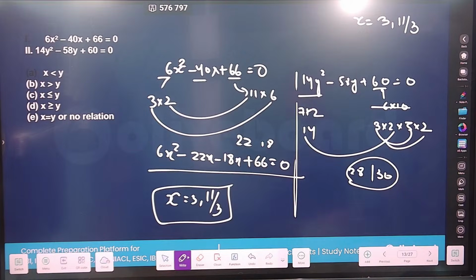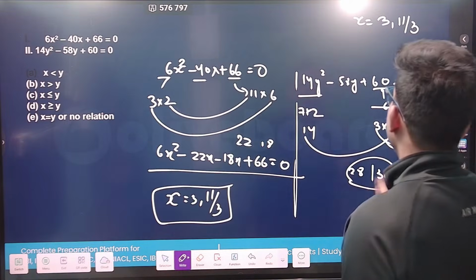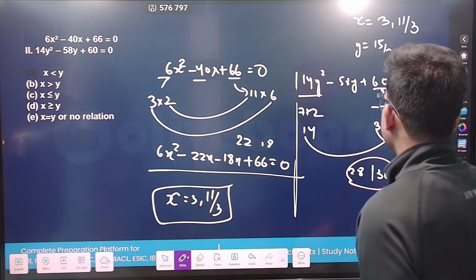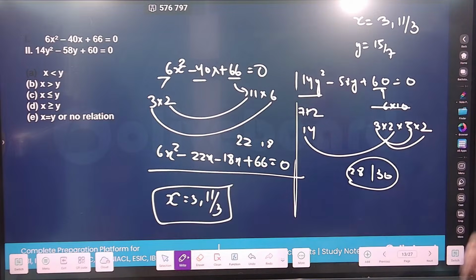One y value would be 15 by 7. First of all, 30, because 30 will be there, 15 by 7. And other y value would be 28 by 14, which is 2.